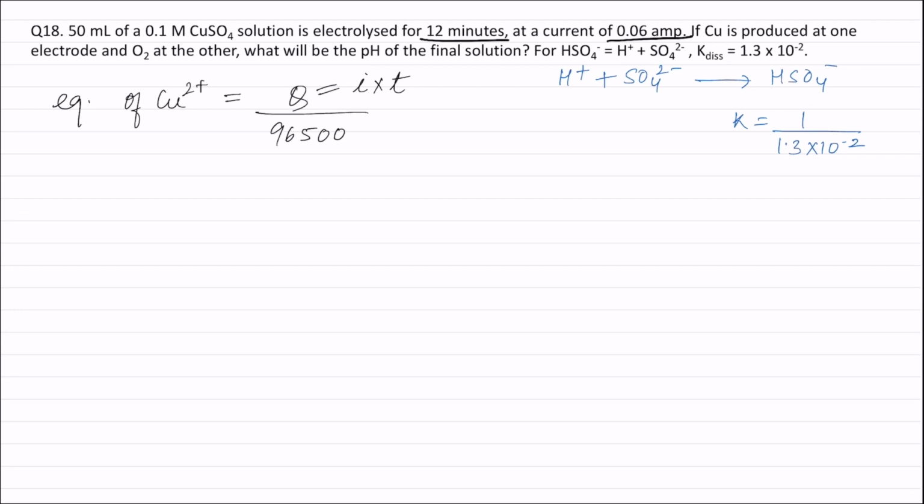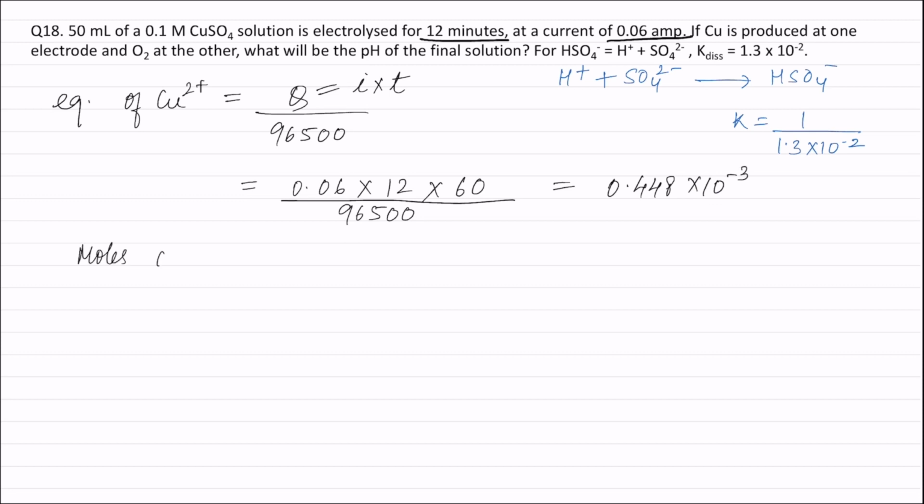Therefore, putting the values, equivalents of copper will be equal to 0.06 into 12 minutes, and multiplying this by 60 will give the time in seconds. Dividing this by 96500 coulombs will give equivalents of copper ions, which is equal to 0.448 × 10⁻³ equivalents.